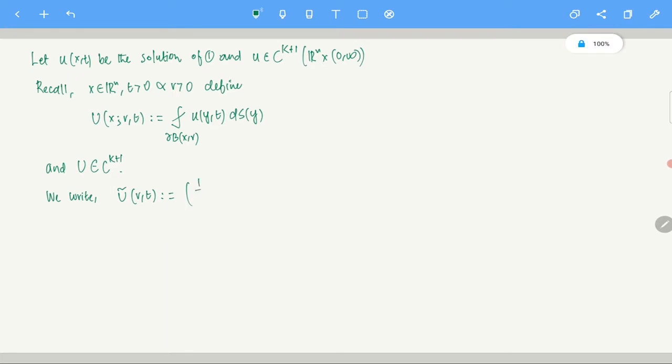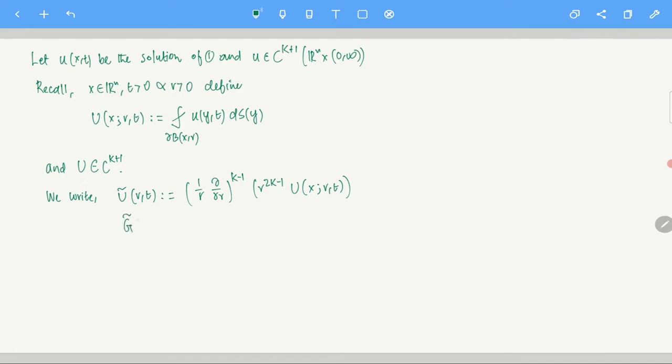Here I am defining it to be (1 by r del r) whole power k minus 1, r to the power 2k minus 1, u of x, r, t. If you put k equals to 1, it is essentially r capital U. So this is just a higher dimensional analog of whatever we did last week.